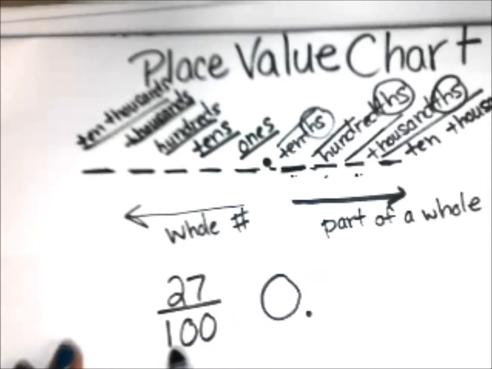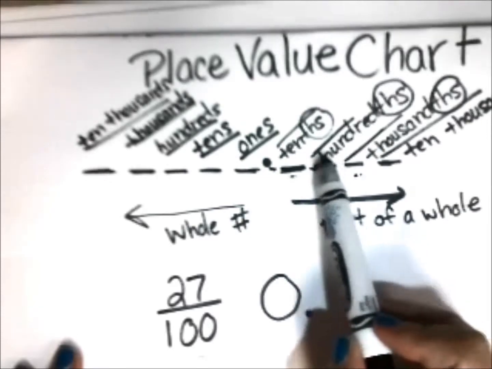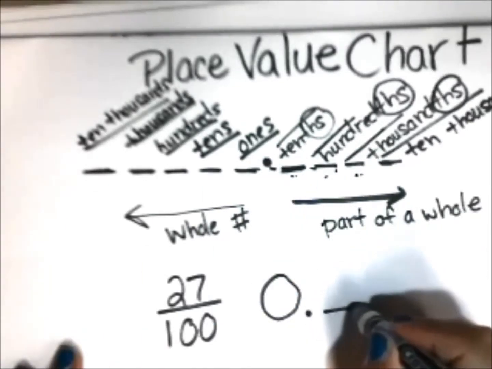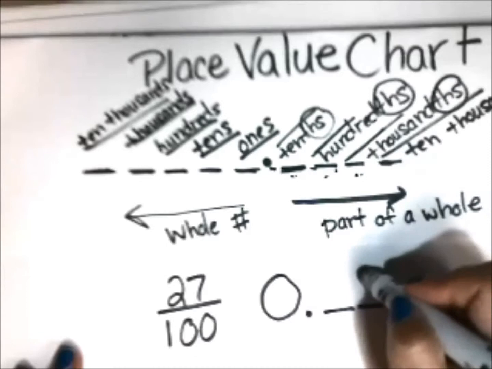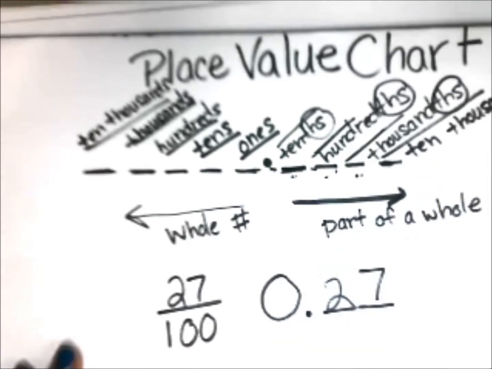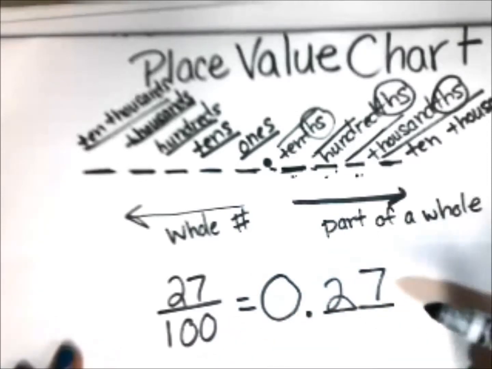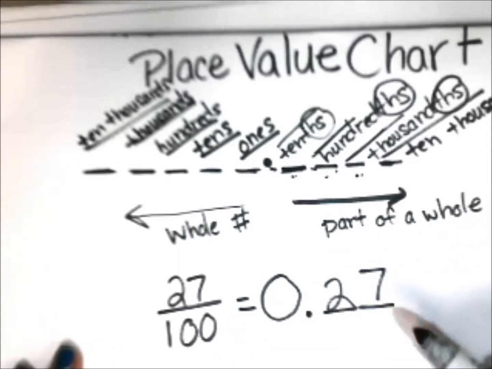And then I'm going to look for the hundredths place on my place value chart, which is 2 spots behind the decimal point. So I'm going to make 2 spots that need to be filled. Awesome. I have 2 digits and 2 spaces, filling from the back, the 7 and then the 2. These are equivalent. 27 hundredths is equal to 27 hundredths.